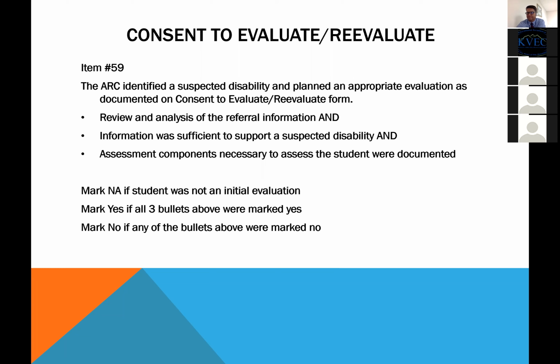So here again, you're going to mark NA if the student was not evaluated. You're going to mark yes if all three of those bullets were marked yes, and you're going to mark no if any of those bullets were marked no. So you have to have all three of those pieces in order to get a yes.